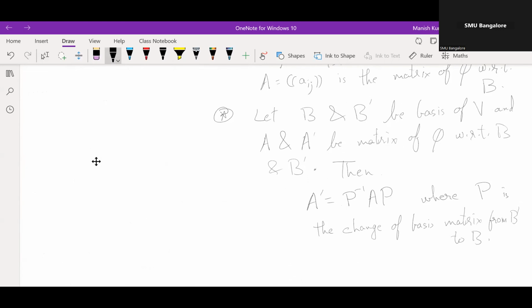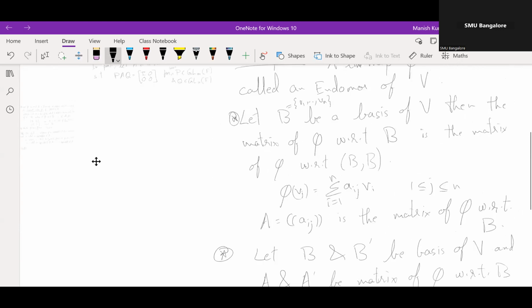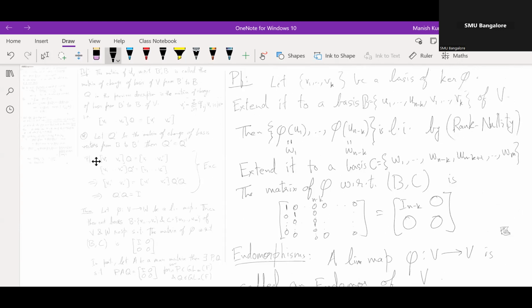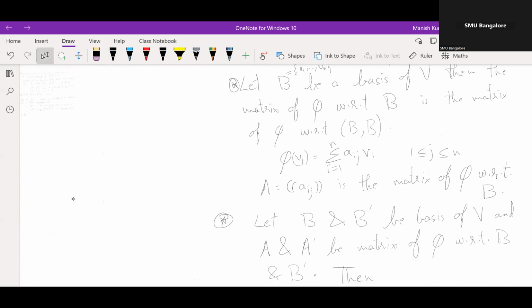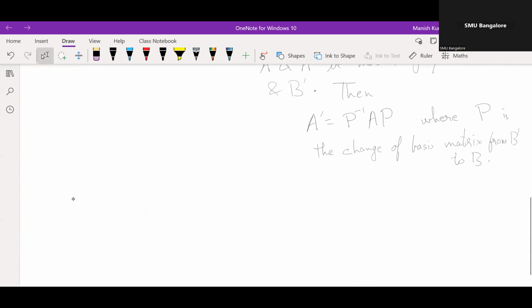So I'm just rewriting that previous result when V is the same as W. That is all I'm doing. Using the result that if you change from B prime to B, then it's Q, and if you change from B to B prime, then you get Q inverse, I'm replacing Q by P. That is the only thing I've done. So we get that A prime is just P inverse AP for this change of basis matrix.